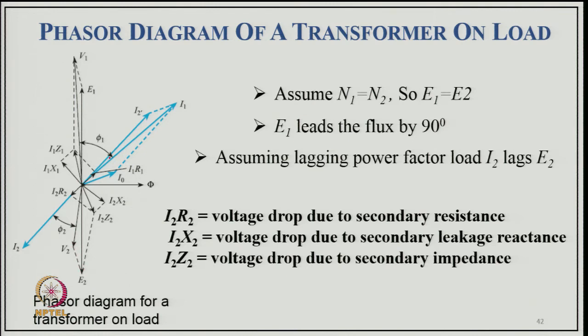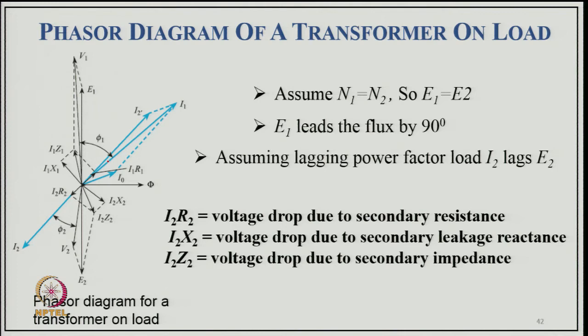This current is reflected on the other side as I 2 dash, transferred to the primary side, and the phasor sum of this is I 1. With E 1 we add I 1 Z 1, further adding both impedance drops. So you get E 1 plus the impedance drop, which is V 1. This is V 1 and this is I 1 with angle phi 1.